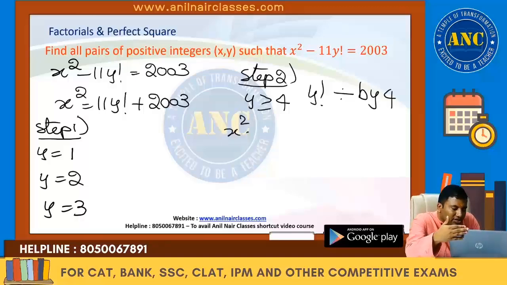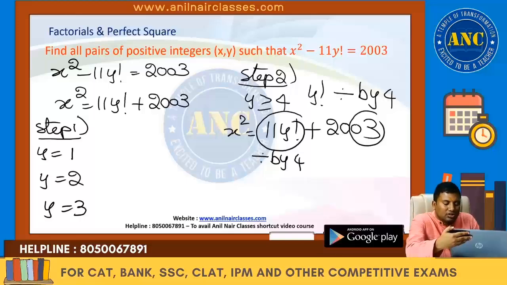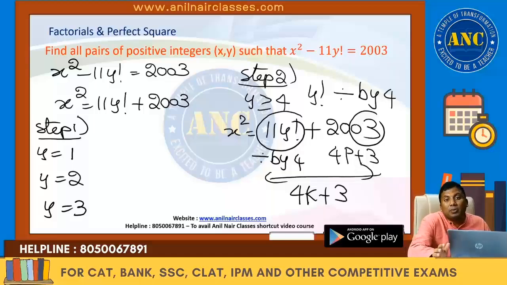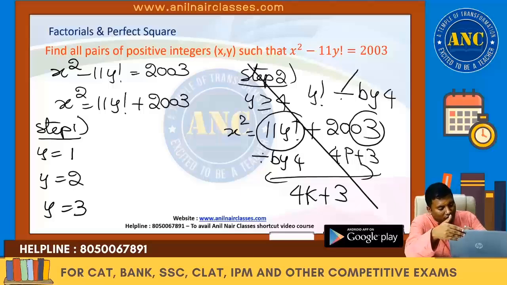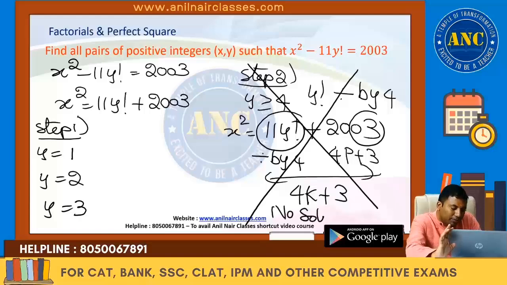So x square is nothing but 11 into y factorial plus 2003. This is divisible by 4 plus 0, 3. 0, 3 means 4 into something plus 3. The right hand side is becoming 4 into something plus 3. A perfect square will always be of the form 4 into something or 4 into something plus 1. 4 into something plus 3 is not possible. For y greater than or equal to 4, no solution is possible.